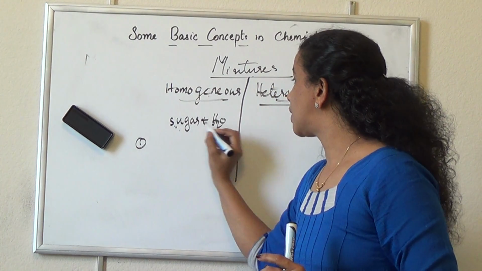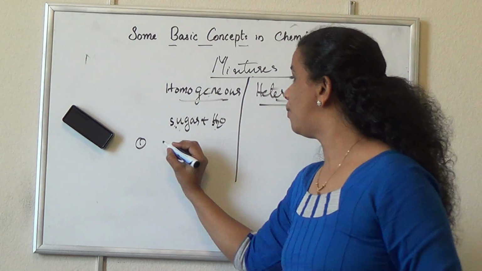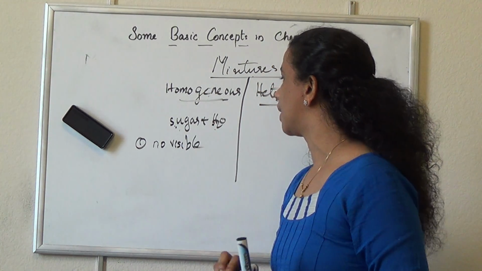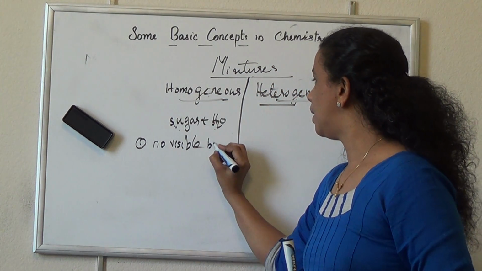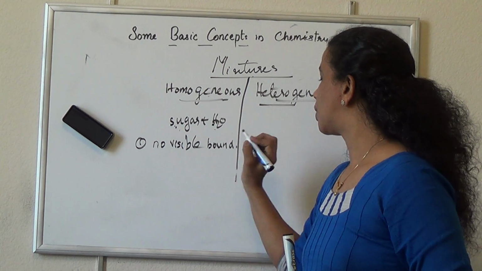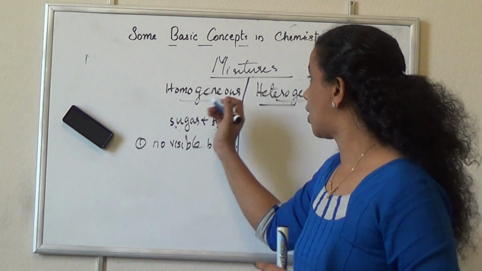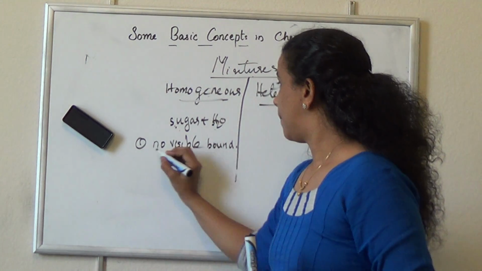So here there are no such boundaries. No visible boundaries between the components. So we cannot see the components in a homogeneous solution.